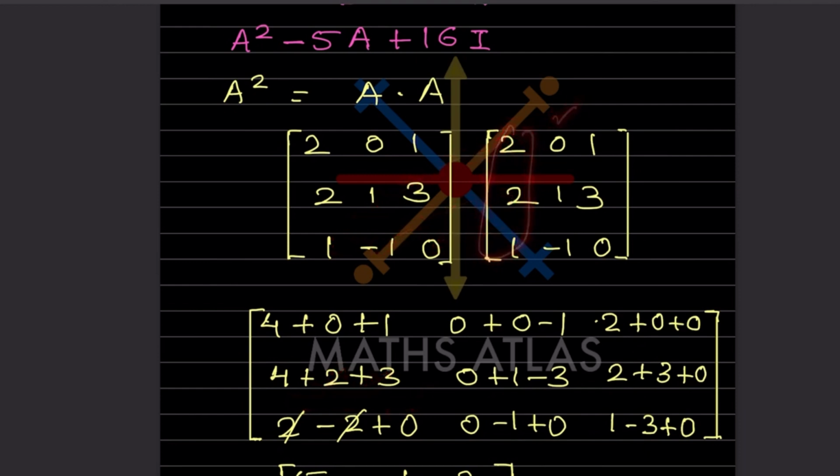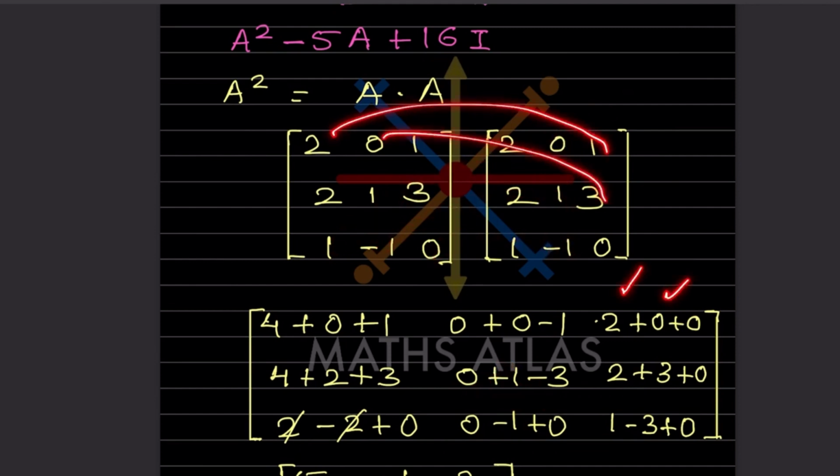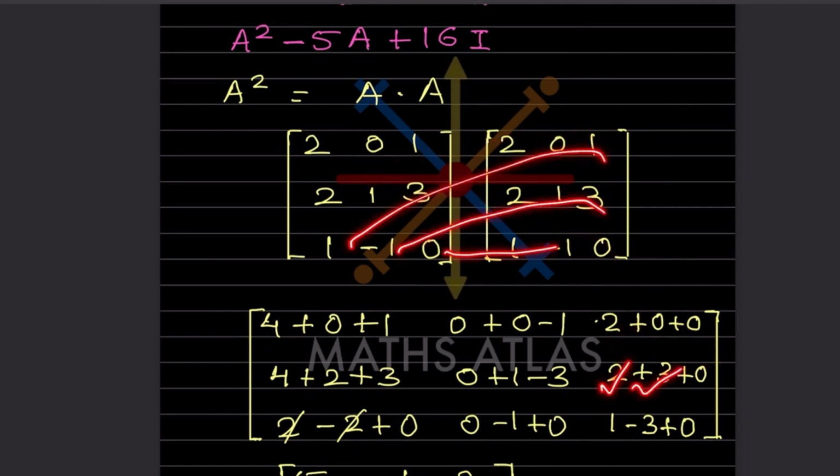Let us go for the second one: 0, 0, minus 1; 0, 1, minus 3; then 0, minus 1, and this will be 0. Now let us see the third one: 2, 0, 0; then 2, 3, 0; then 1, minus 3 and 0.